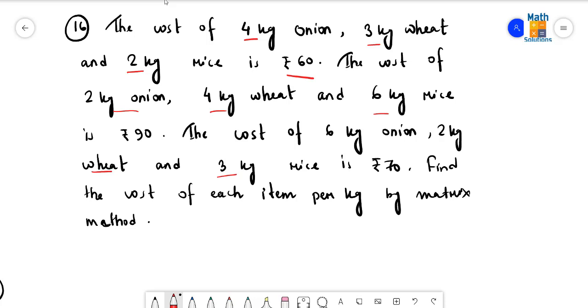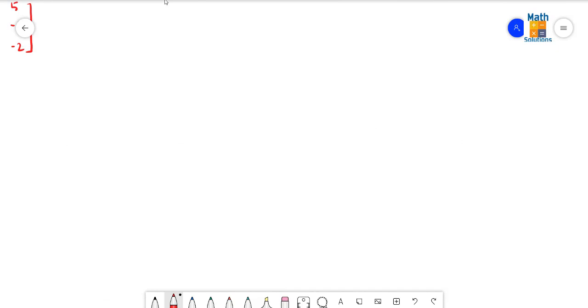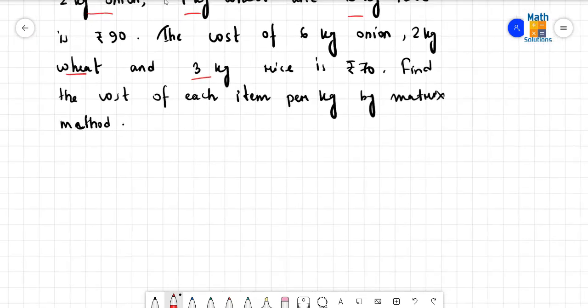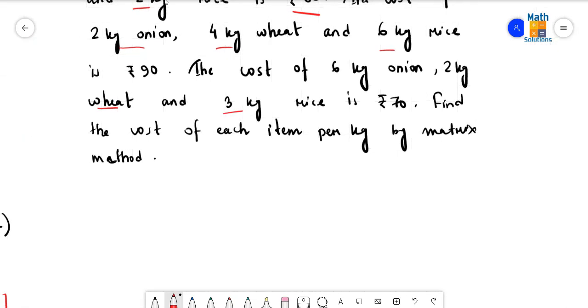So in this case, first of all, an assumption should be made. So how can we make this assumption? Let us check. In the solution part, what did I write?